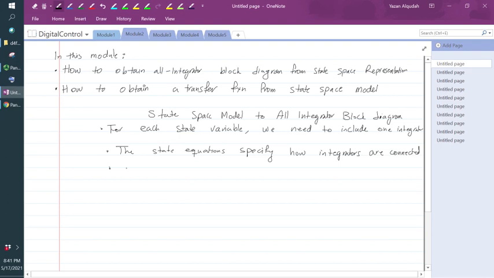And finally, the output equation tells us how to construct y of t from the state variables.